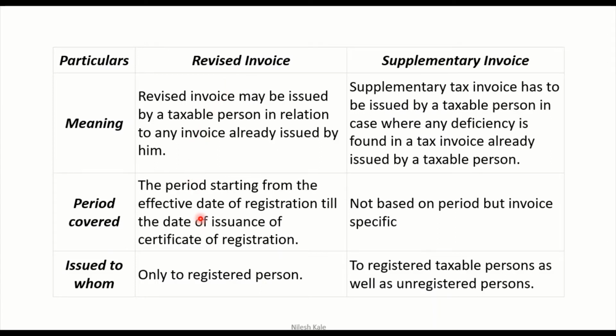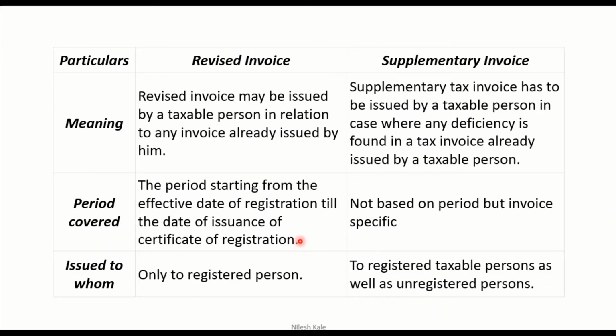So what is the period covered? For supplementary invoice there is no specific time, because you can issue it on the go, or you can also issue it after the transaction has taken place. But the main invoice must have been issued before you issue the supplementary invoice, right? For the revised invoice, the period is from the effective date of registration till the date of issuance of certificate of registration.